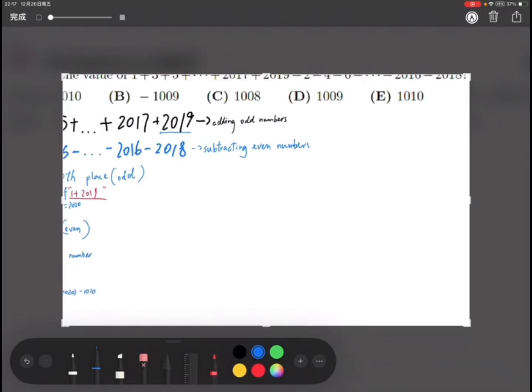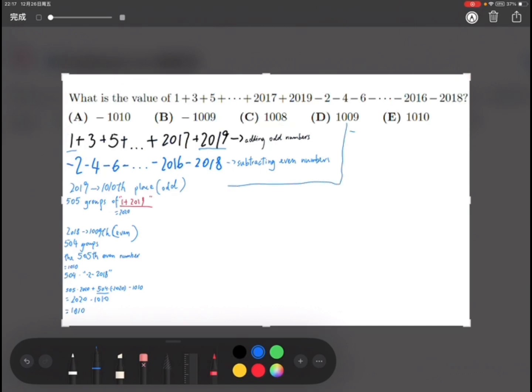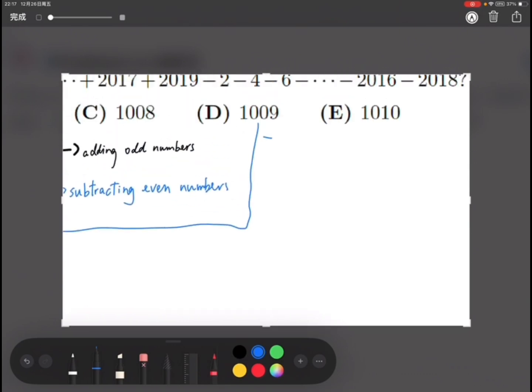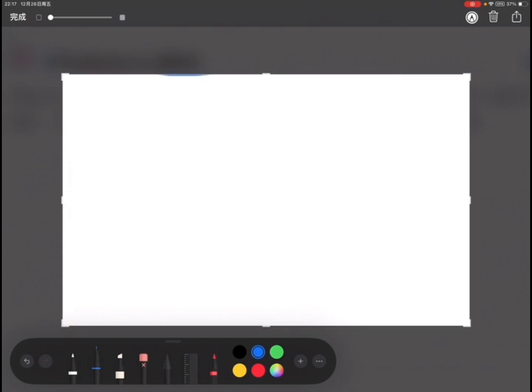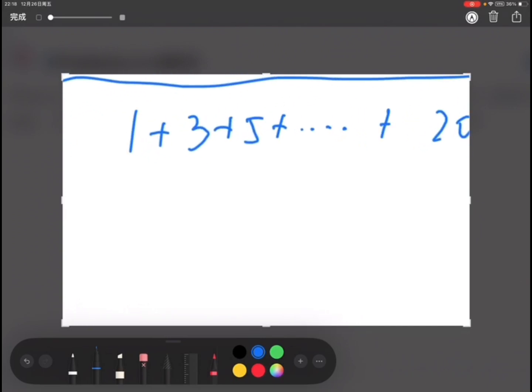But we could also do another way. If we look at the numbers, we would find something amazing, that we could rewrite them in two separate rows. And now where we write this would be really important.